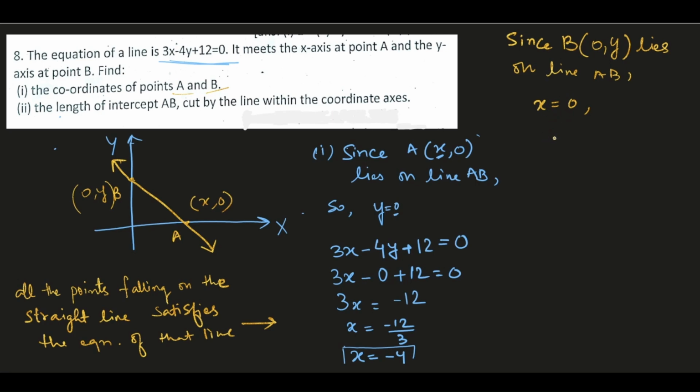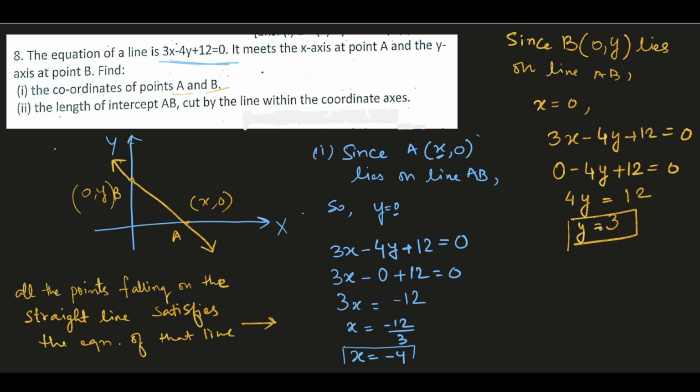So let's substitute the values of x and y in the equation of the line. 3x minus 4y plus 12 is equal to 0. Since x is 0, this portion is 0. This is minus 4y plus 12 is equal to 0. 4y is equal to 12. Y is equal to 3.